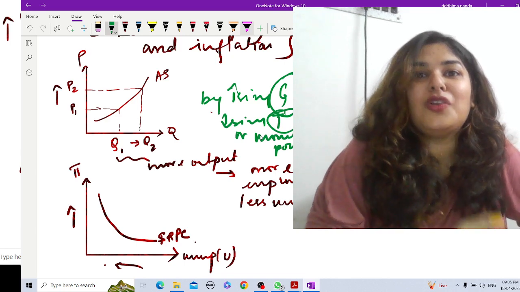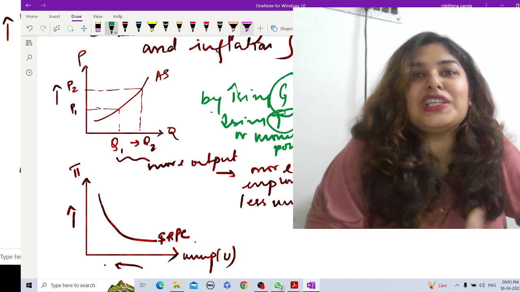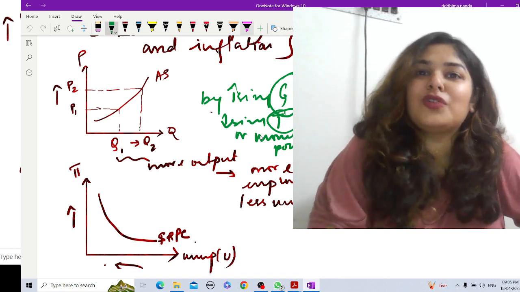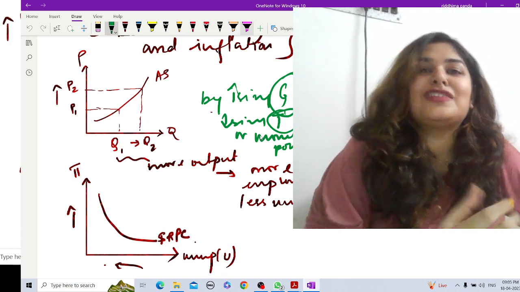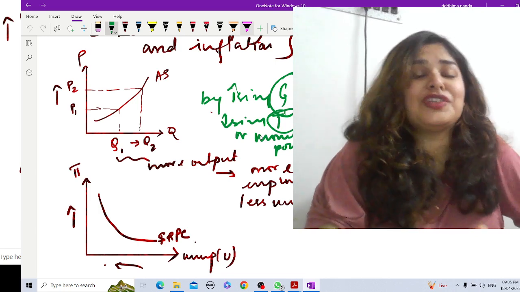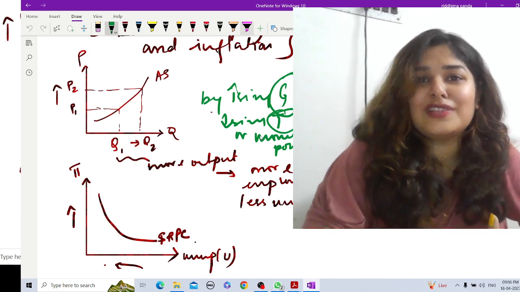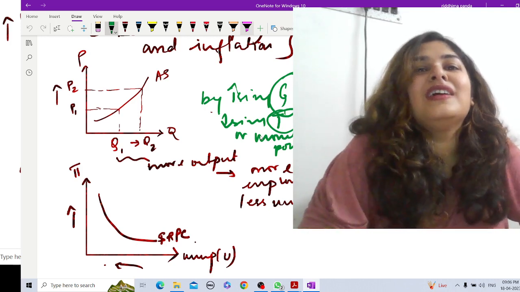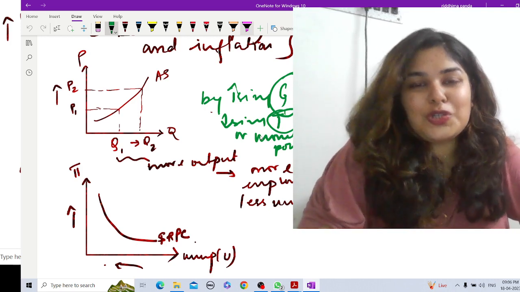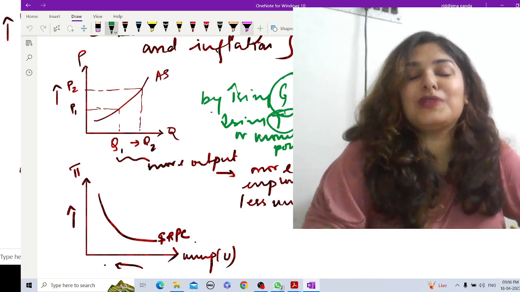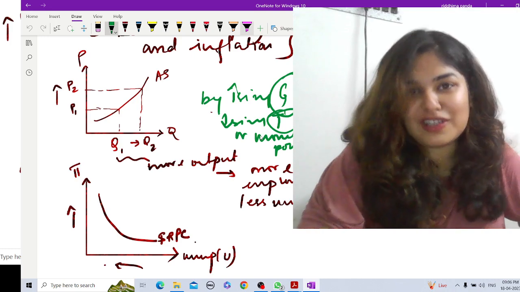So in the long run, permanently reducing unemployment through fiscal policy, that is, bearing inflation, is not a good solution. As a result, the strategy should be such that there will be some permanent changes via education, infrastructure, better quality and standard of living, etc. Whereas in the short run, the inflation rate can be borne in order to reduce unemployment. So this is the policy implication difference between the short run and the long run Phillips curve for all of you.